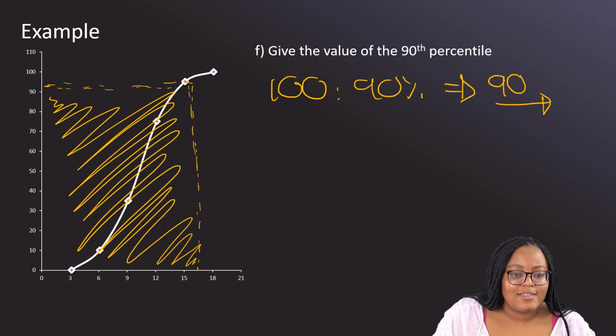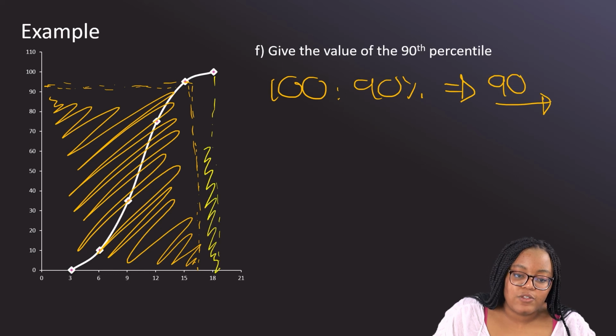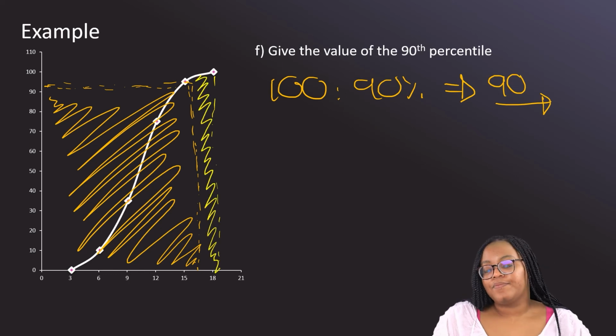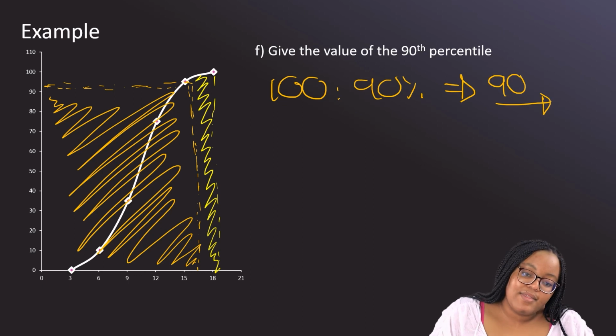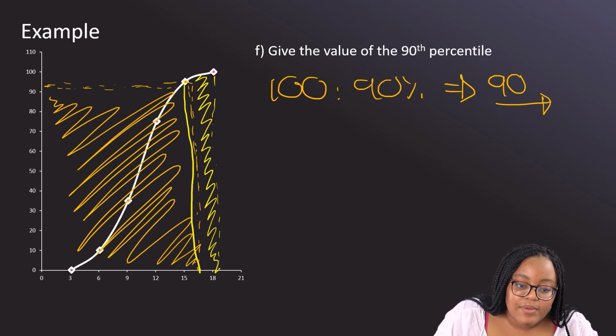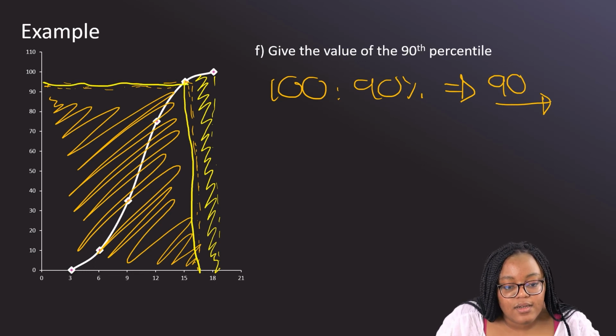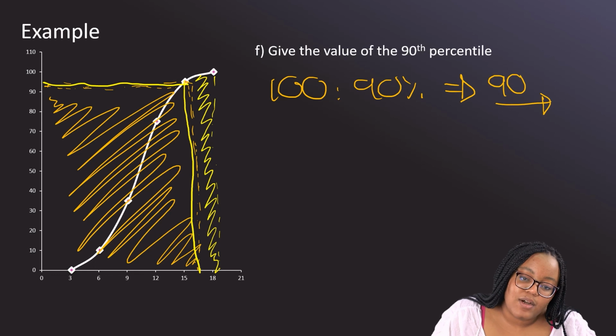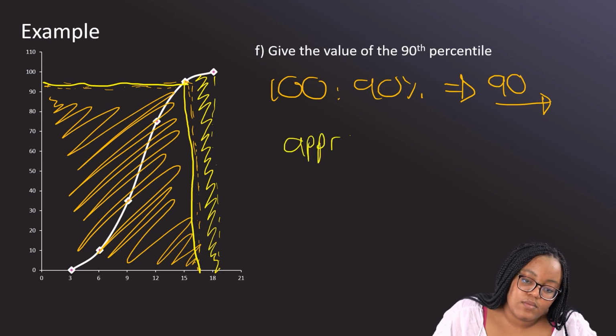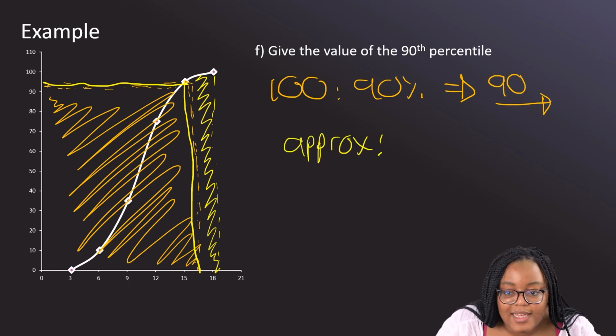And that also means that everything that falls above this line will account for 10% of our data. In this instance, our 90th percentile will be approximately between 15 and 18 because it lies at the point 90. Therefore, we will approximate that the 90th percentile is going to be at 15.